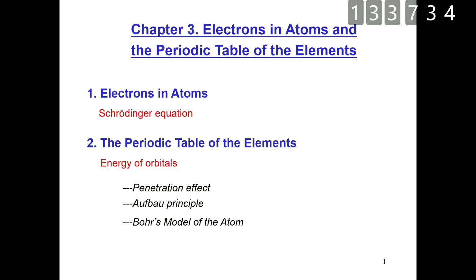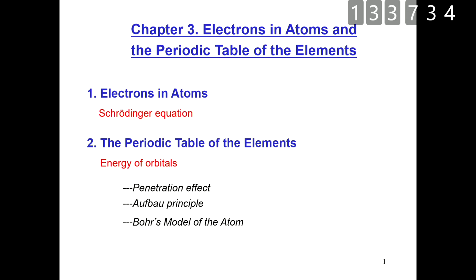So we can't change one element to another element because we can't change one atom to another one. Okay.